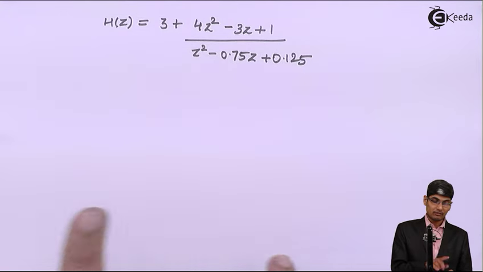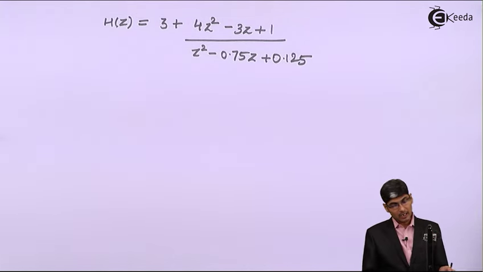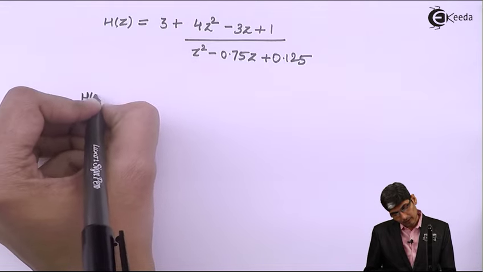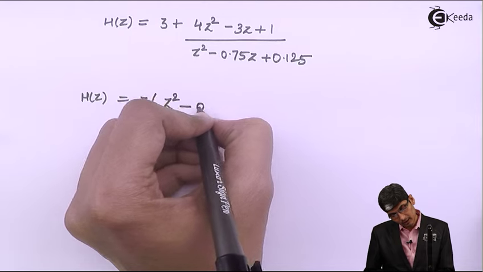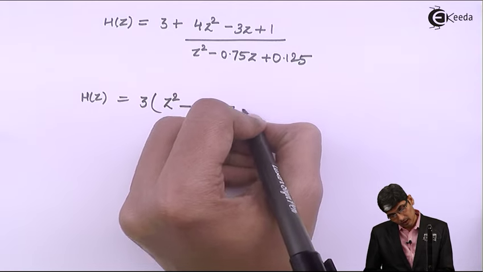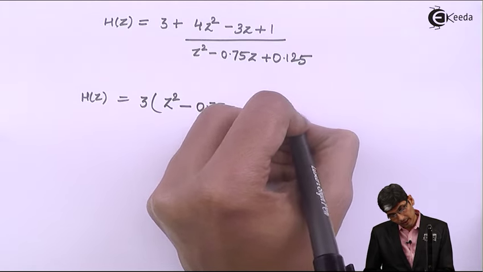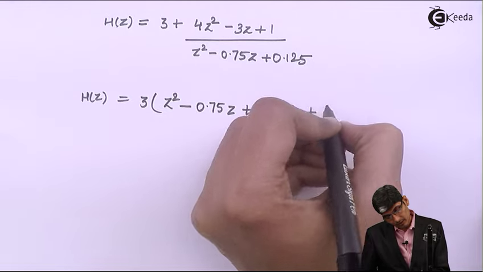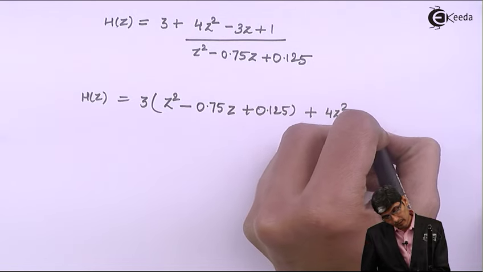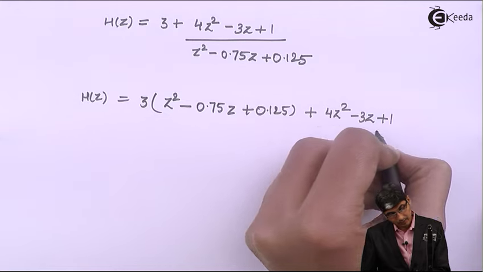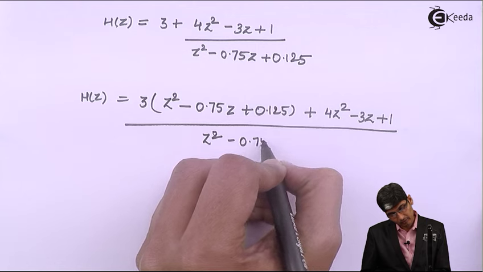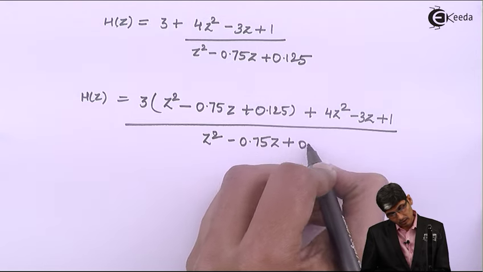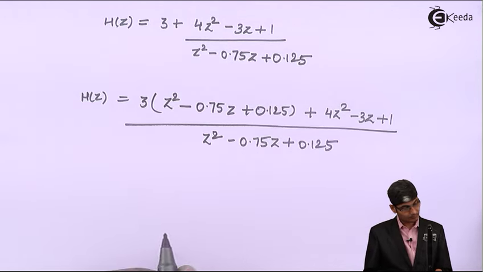What I'll do is further cross multiply. When I now cross multiply, I multiply 3 by the big term, that is z square minus 0.75z plus 0.125, plus 4z square minus 3z plus 1, the whole divided by z square minus 0.75z plus 0.125.